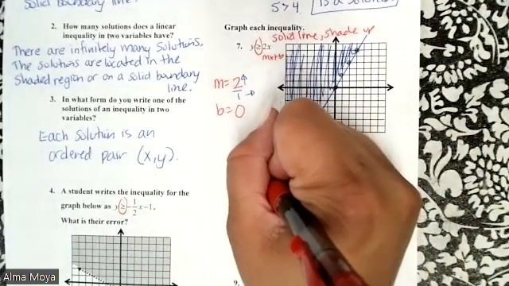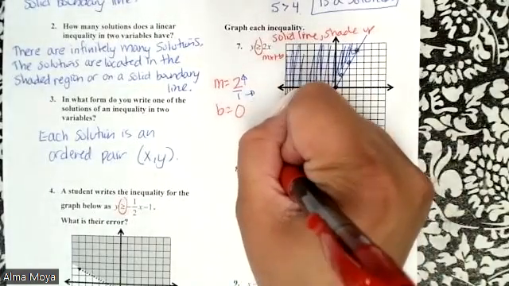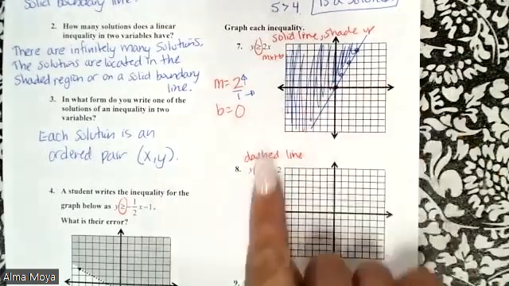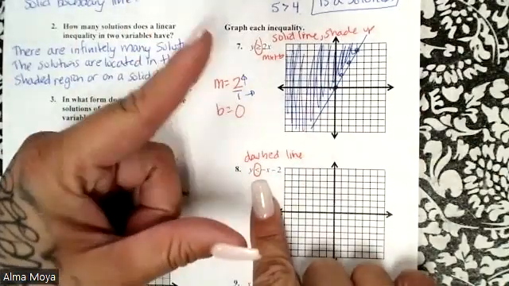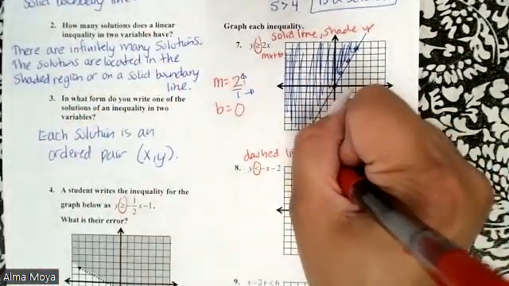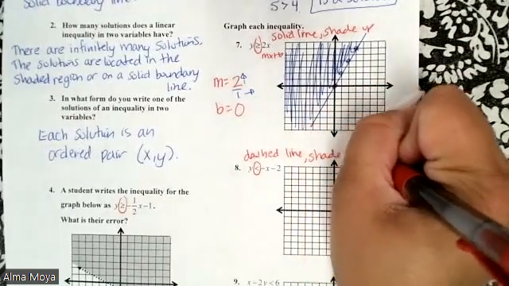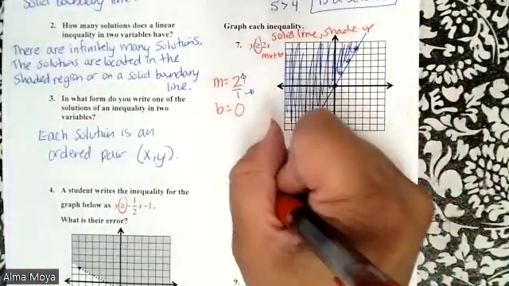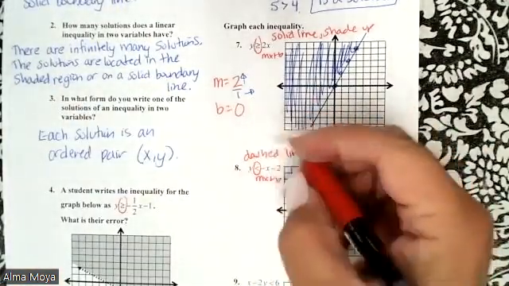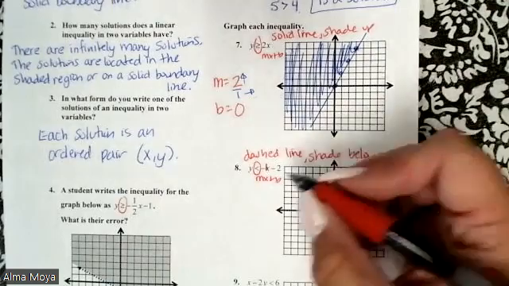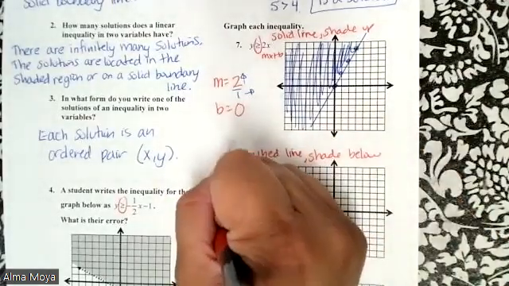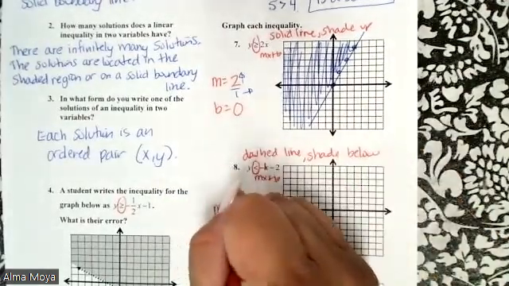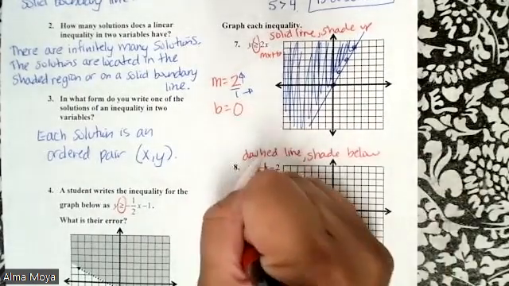This is going to be a dashed line, and that makes an L for less than. Less than means shade below. Now this is going to be your mx plus your b. Now there's an invisible 1 here. You don't see it, so the m is actually a negative 1. The b is a negative 2.